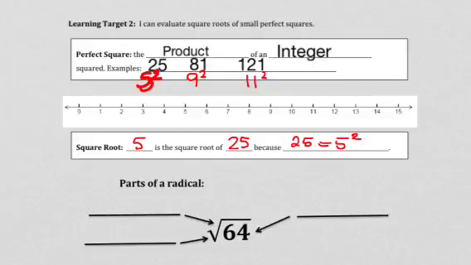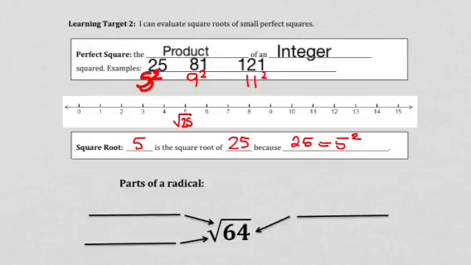Let's talk about the number line up above. What we're going to do is write down the equivalent square roots to all of those numbers on that number line. So we said 5 was the square root of 25. The way we write a square root, you can see down below that this symbol here is the square root symbol. So where 5 is here, underneath it I'm going to write the square root of 25, because those two are equal.